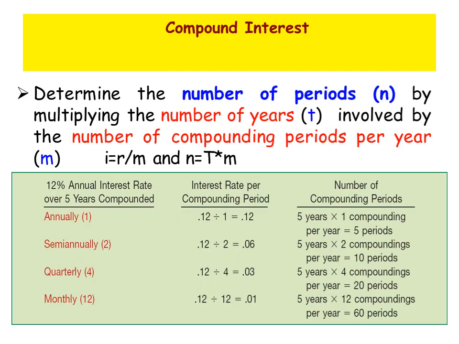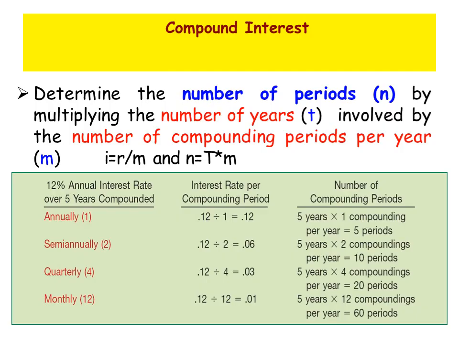And for monthly, m is 12 and the annual interest rate r is 12%, so 0.12 divided by 12 is 0.01. The number of periods is 5 years times 12, which gives 60 periods, that is n is equal to 60 periods.